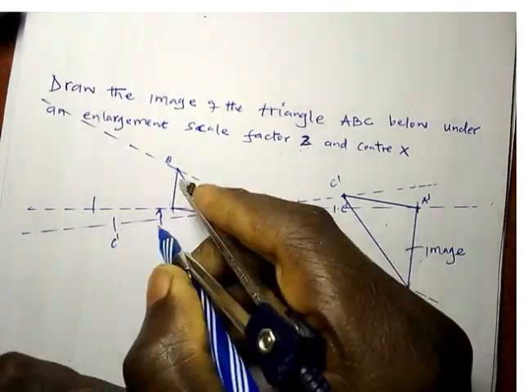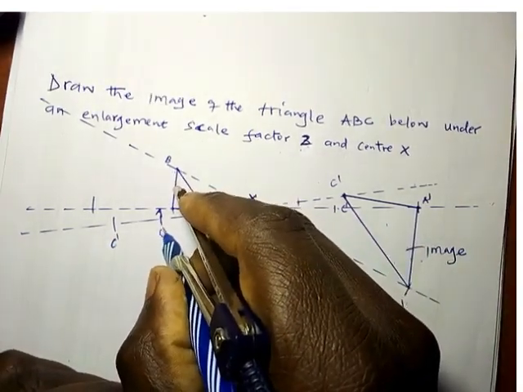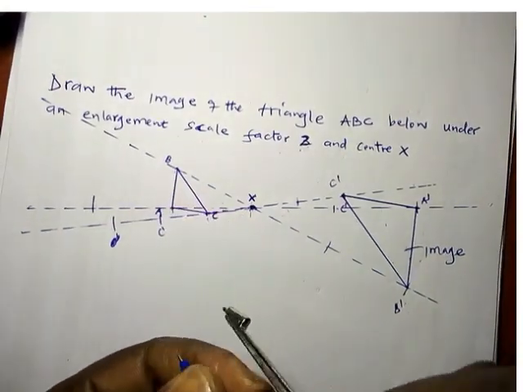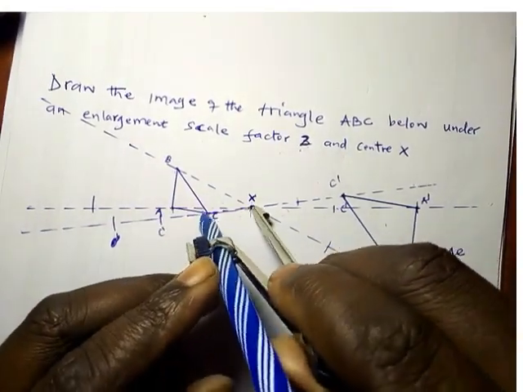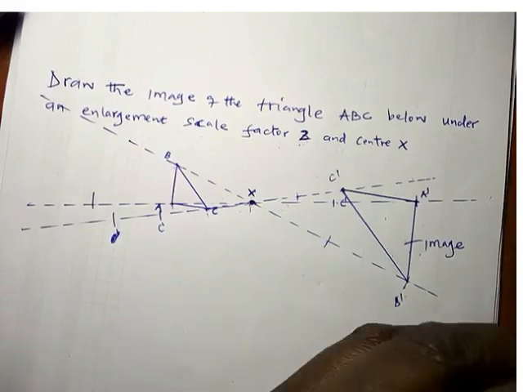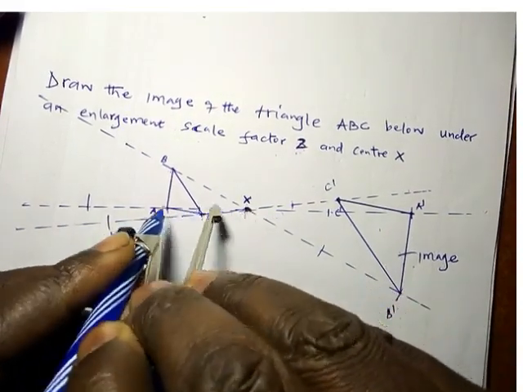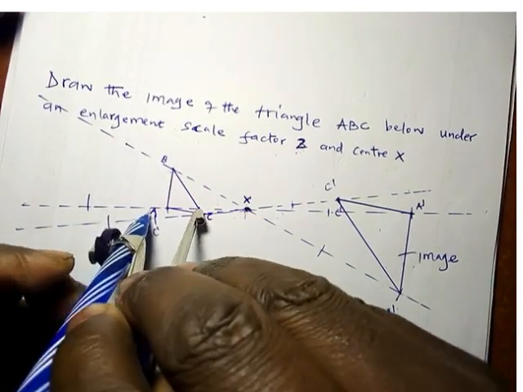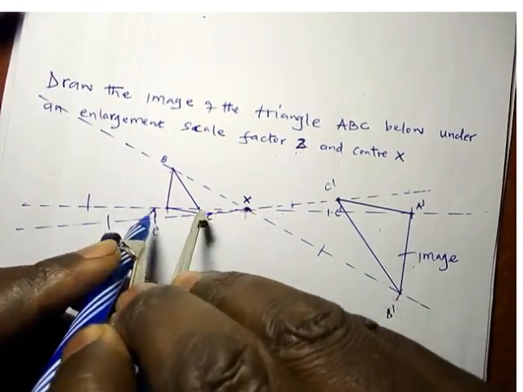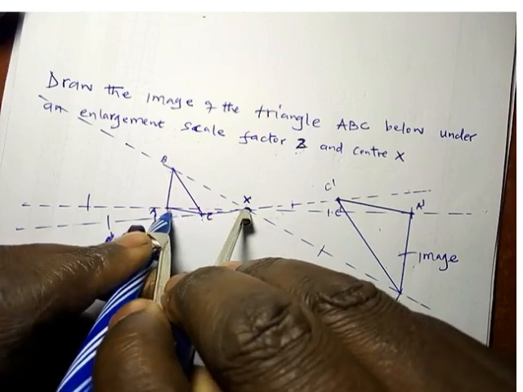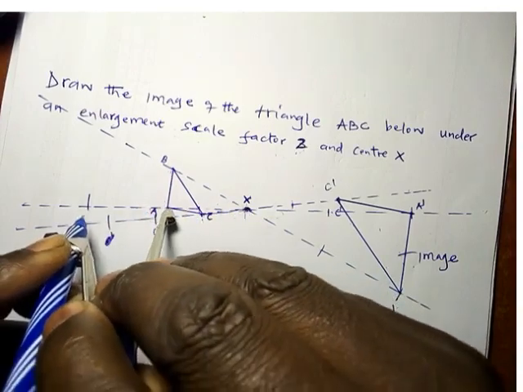So C is here, C prime not here, and then A prime should be 1, 2.